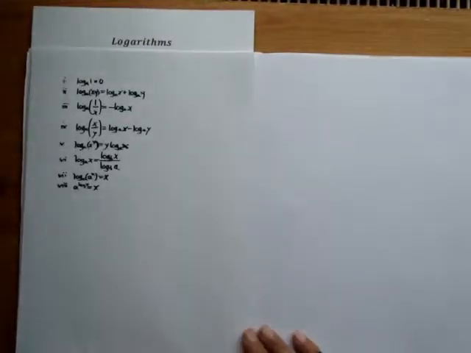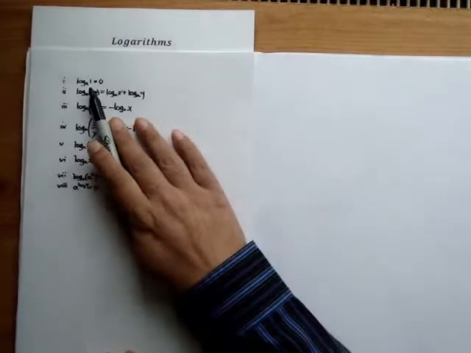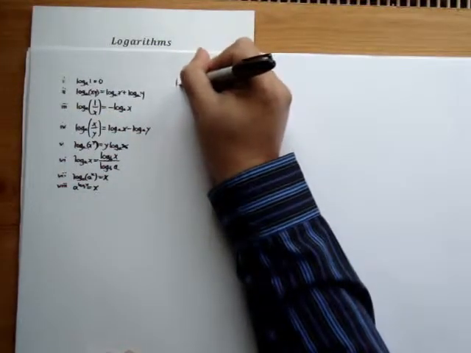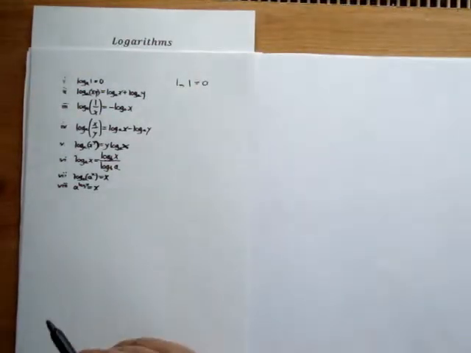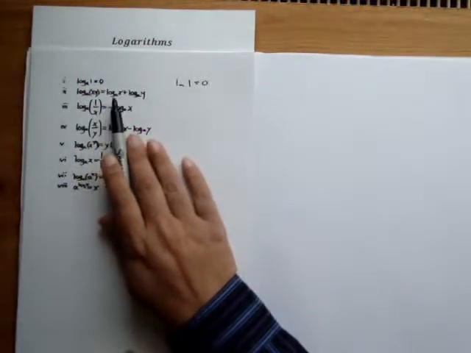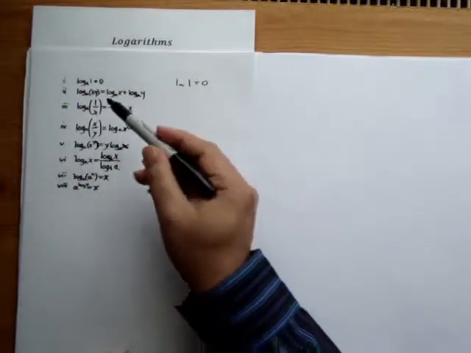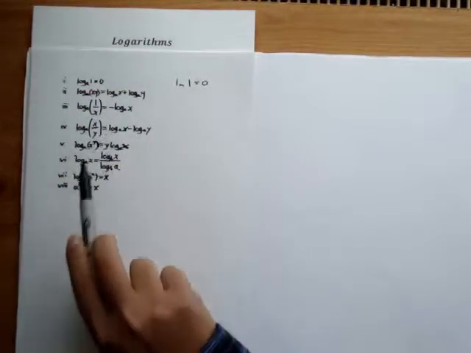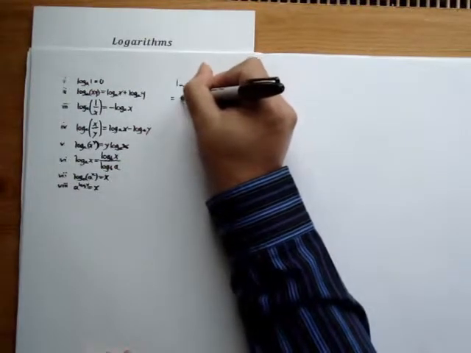Okay, here we have a comparison of the laws of exponents and the laws of logarithms. The laws of logarithms. The log of 1 is 0. Also, the natural log of 1 is 0. When we're adding logs together, it becomes a multiplication, and vice versa. This equal sign in each case can be considered as a reverse sign as well.